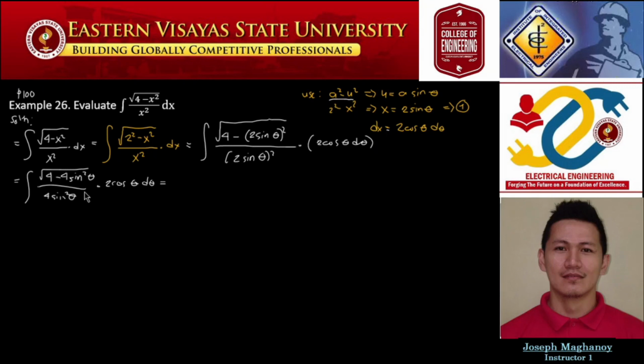So what is our next step? We use property number 2. In property number 2, we carry out the real number constant outside of our integrand.